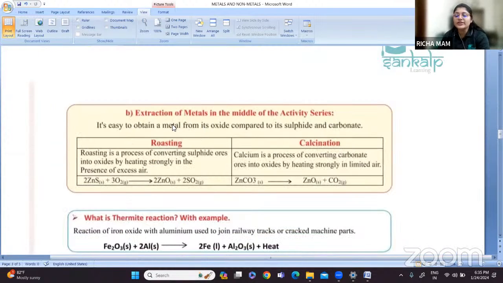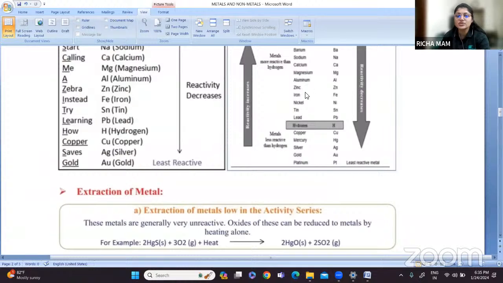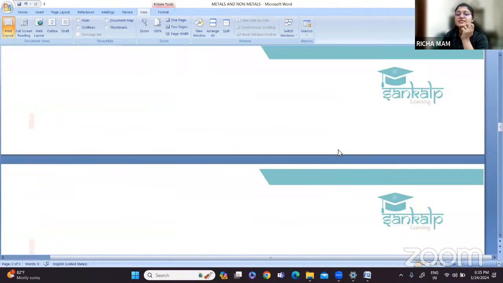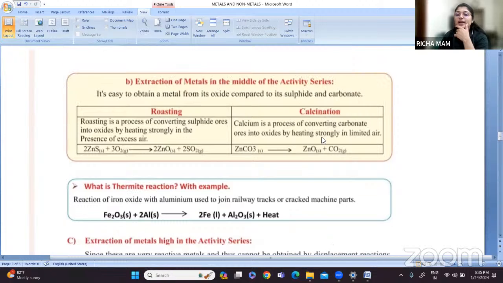Now, whenever you want to extract the metals from the middle of the activity series, for suppose if I want to extract aluminum, zinc, iron, tin, these are the elements which are in the middle. So what can you do?